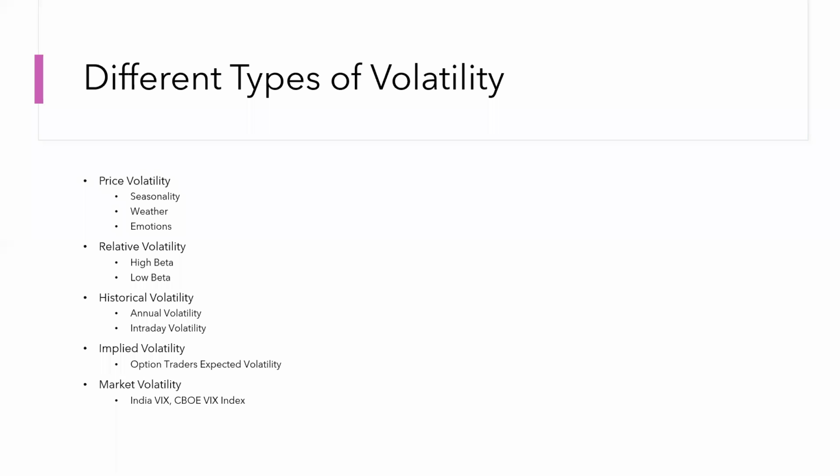There are many counters which show high beta, meaning high volatility compared to Nifty. For example, stocks like Lupin are high beta compared to Nifty. If Nifty moves by 1%, Lupin moves by 5% or 6%. So we can compare volatility.